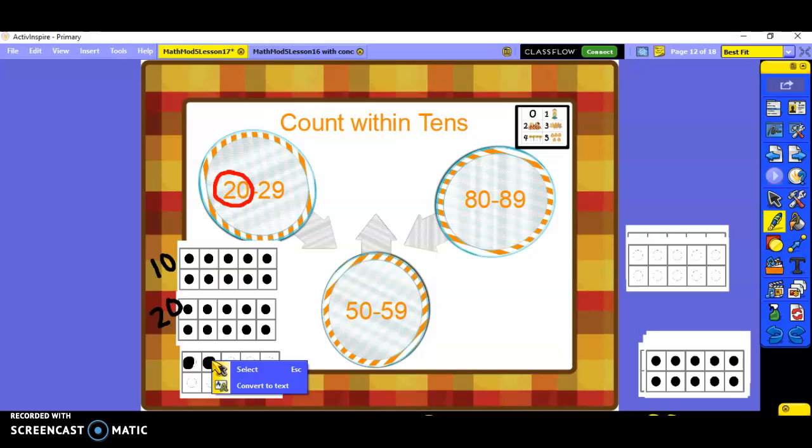22, 2 tens, 2. 23, 2 tens, 3. 24, 2 tens, 4. 25, 2 tens, 5. 26, 2 tens, 6. 27, 2 tens, 7. 28, that would be 2 tens, 8.